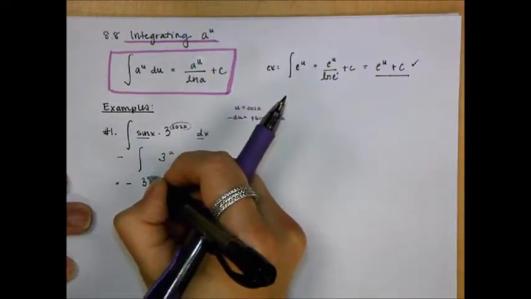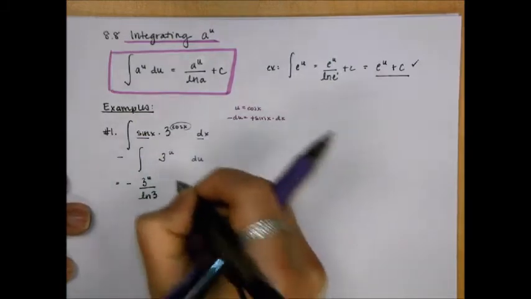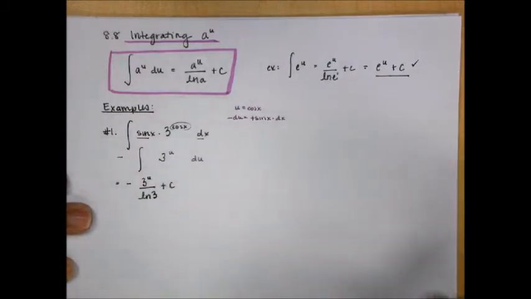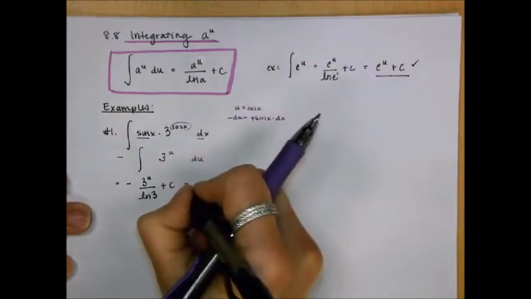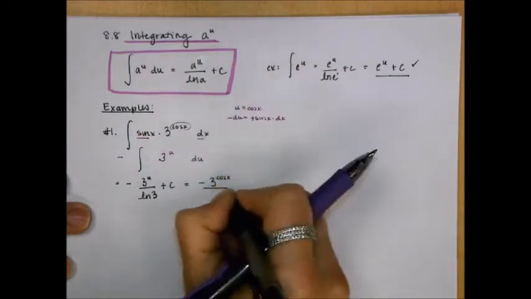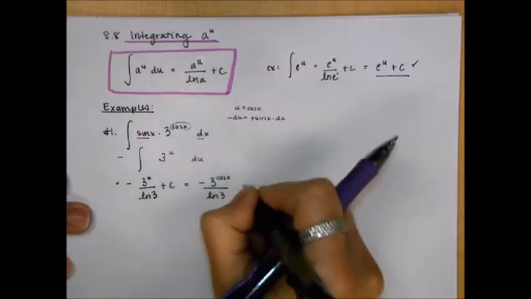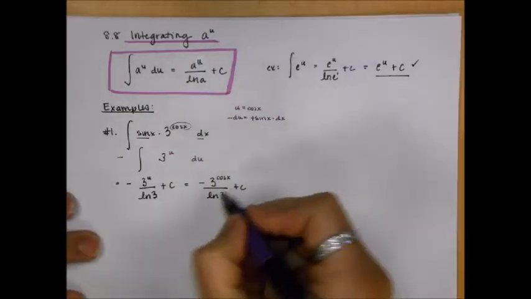We divide by the natural log of the base 3 and add c. To finish here, we'll just substitute cosine back in place of u. All right, and that will finish off example 1.